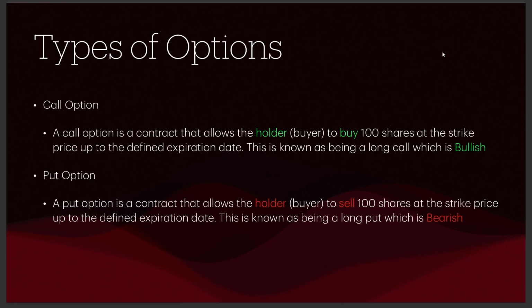But those mechanics are a little bit different from our basics here. So you buy calls if you think a stock goes up, and you buy puts if you think a stock is going to go down. Those are just the general basics for these two types of options, and that's what these options are at their core.